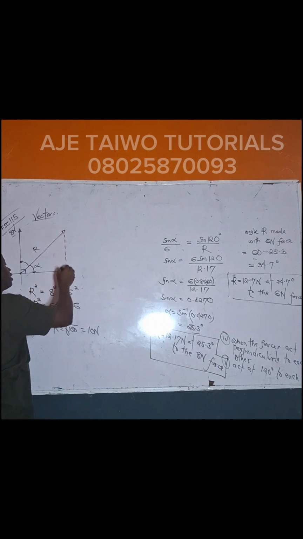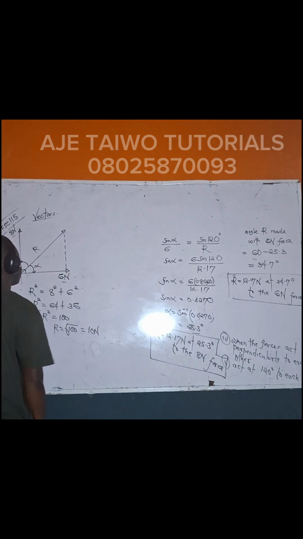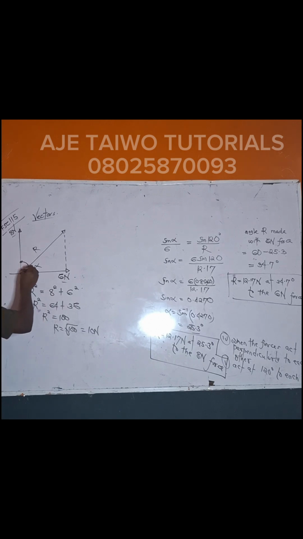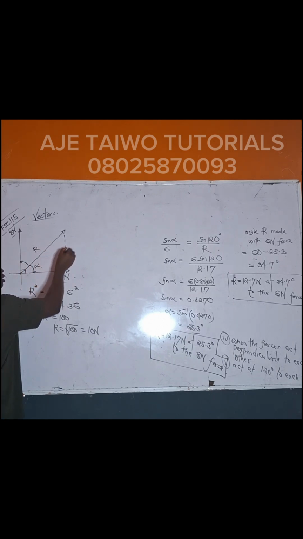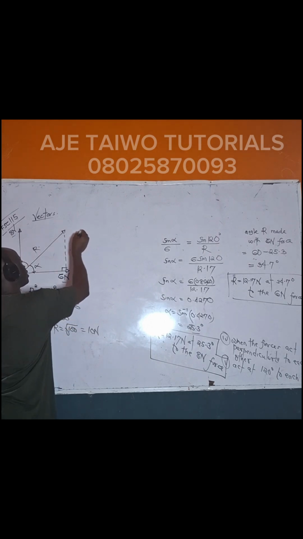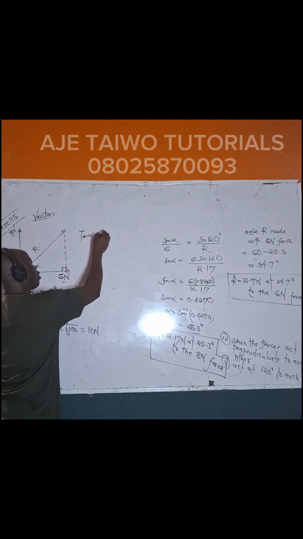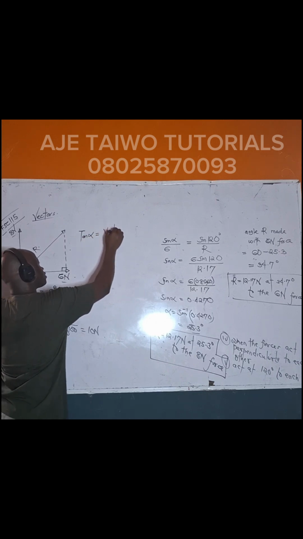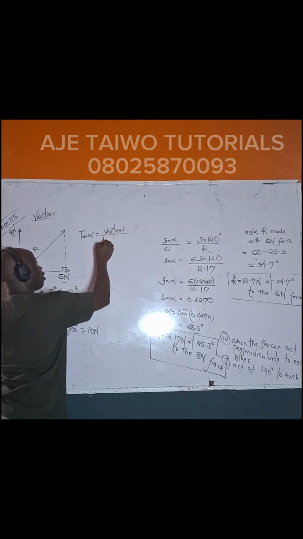Draw this thing down like this. If you apply sine, you can do that. It's allowed. You can say sine alpha over this equals sine 90 over this. But take note, to find direction, you can apply tan alpha equals vertical force over horizontal force.